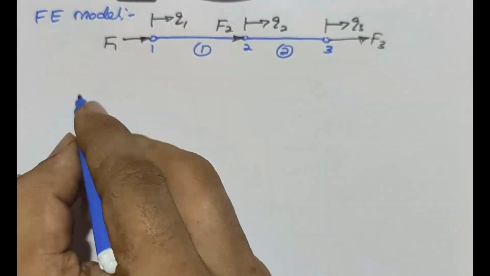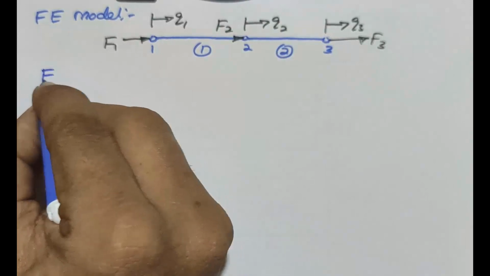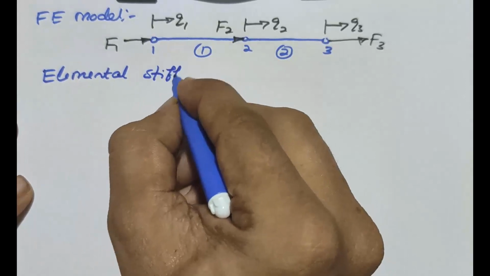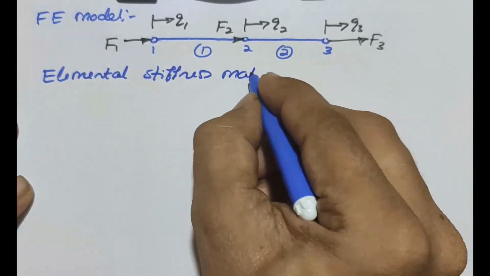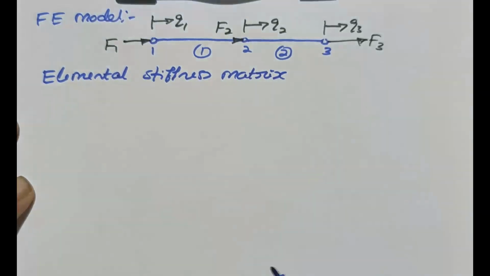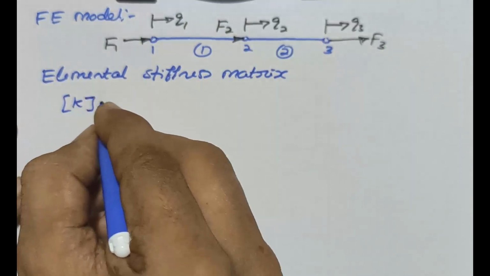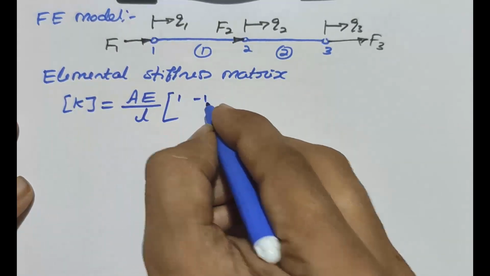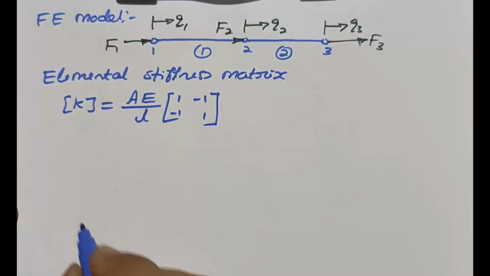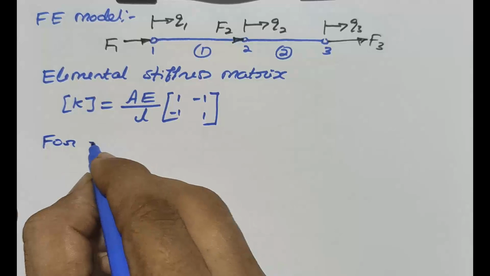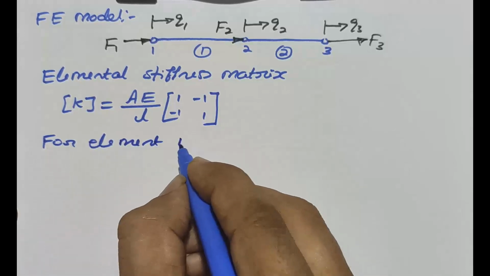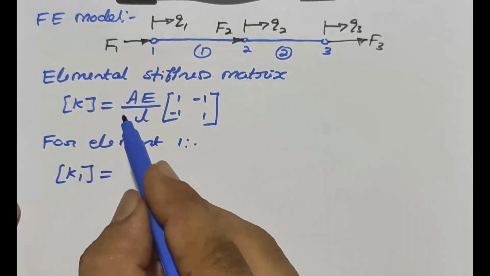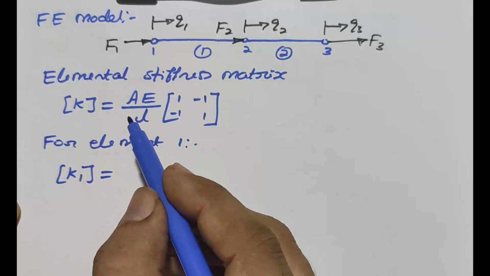Next is to write the elemental stiffness matrix. We know the formula K is equal to AE by L times [1 -1; -1 1]. For element 1, K1 will be equal to A1, it is 2.75 centimeter square.